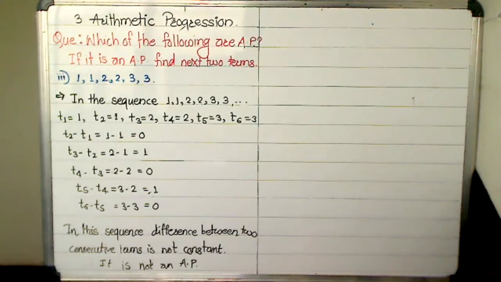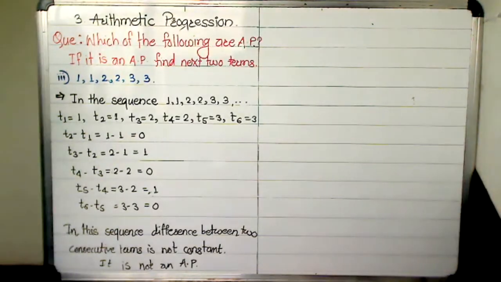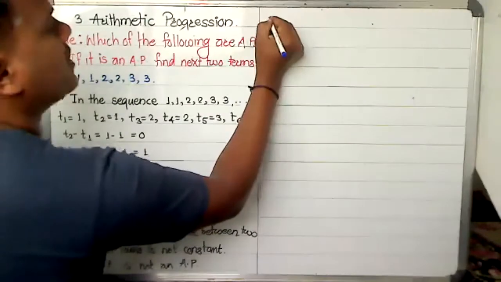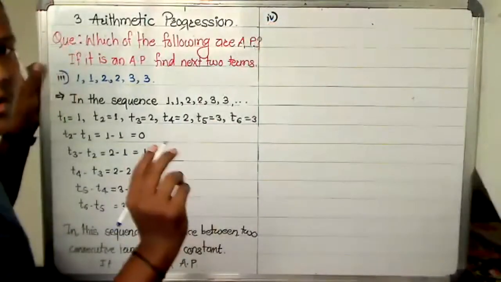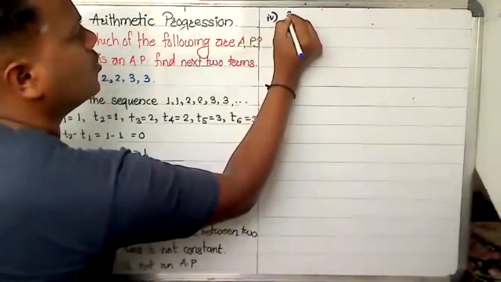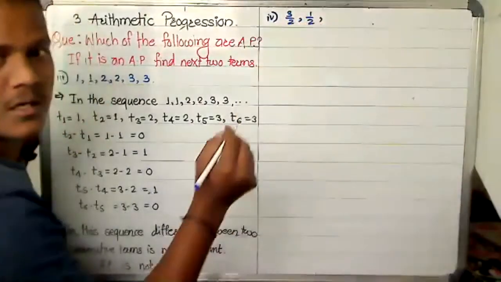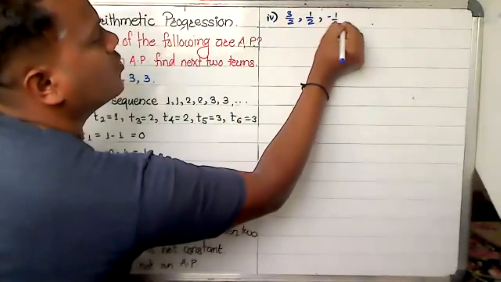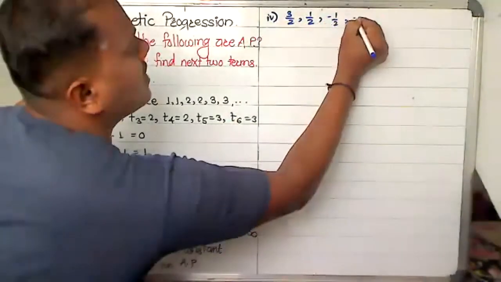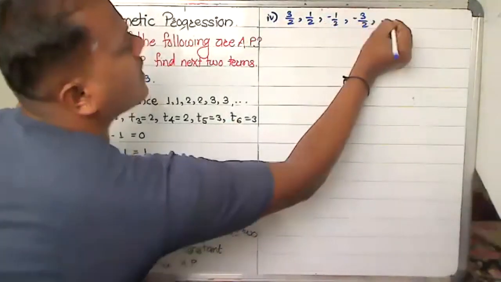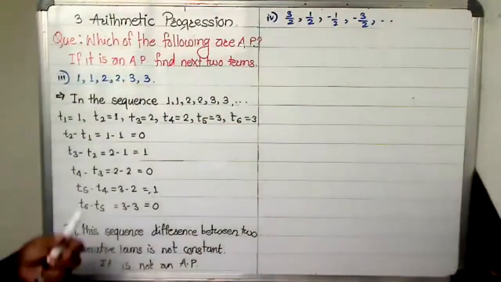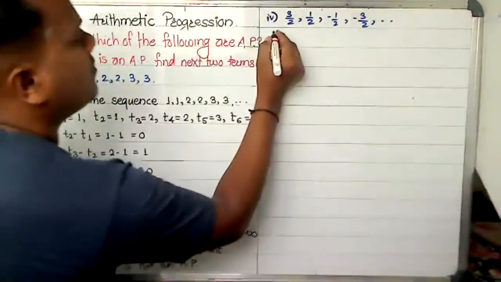Okay, so again, we'll see a next example. The next sequence is 3 by 2, then 1 by 2, then minus 1 by 2, again minus 3 by 2, and so on. Now we have to decide whether this sequence is an AP or not.